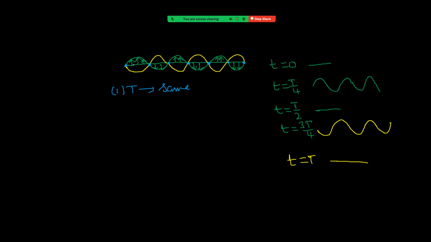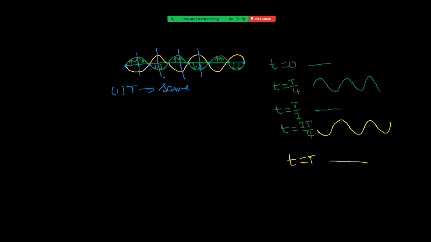Even though the time period is the same, different points have different amplitudes. And we can see the midpoint of nodes is called an antinode, having maximum amplitude. The midpoint of these nodes is known as an antinode.